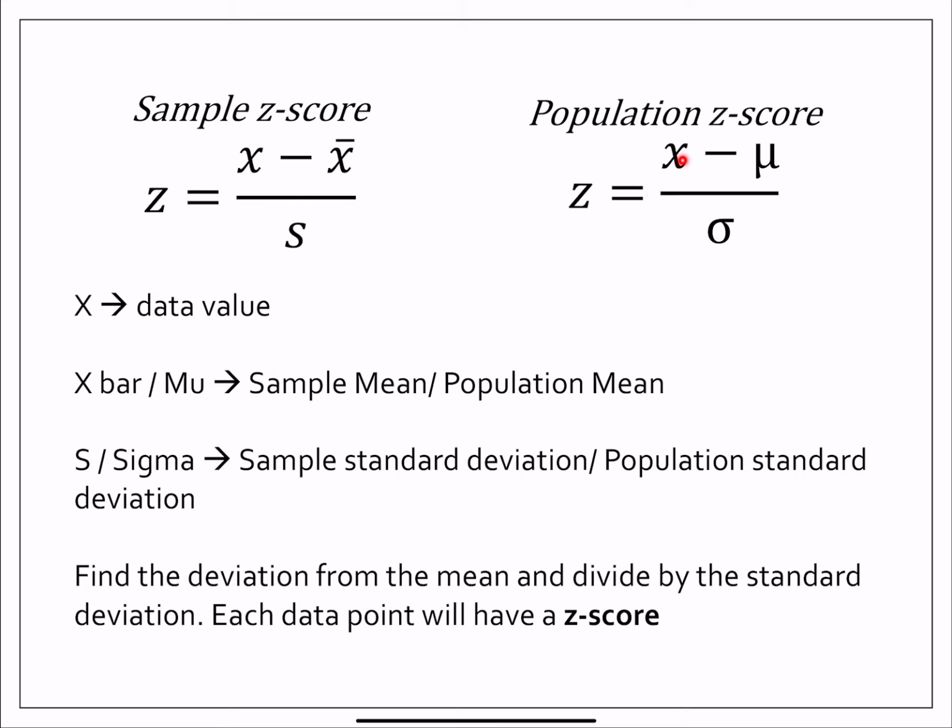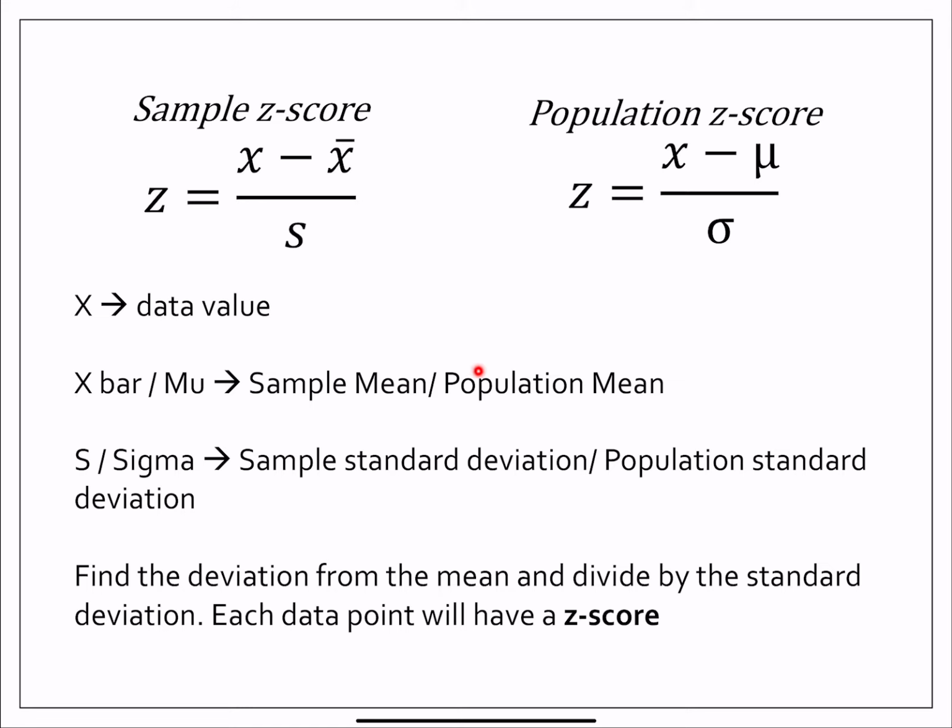We want to find Danita's z-score and see how far away from the mean her bank account value was. So x becomes how much money Danita has in her bank account. X bar or mu is the sample mean or the population mean. And s or sigma is the sample standard deviation or the population standard deviation.